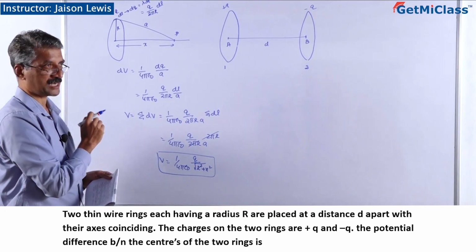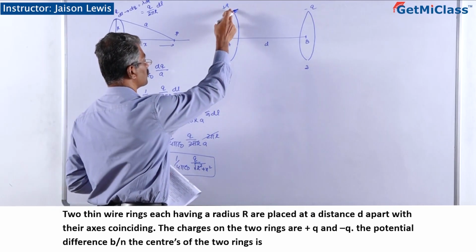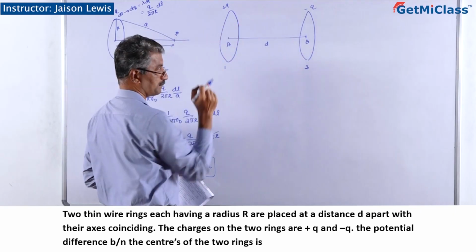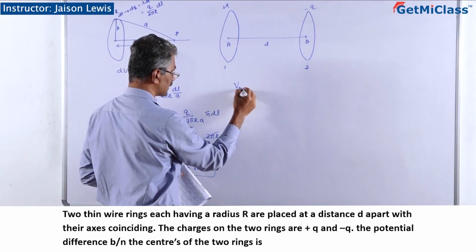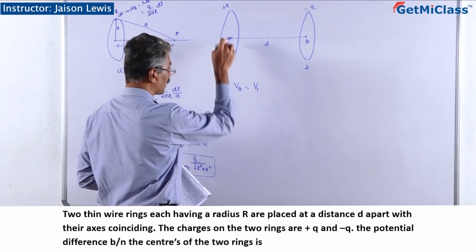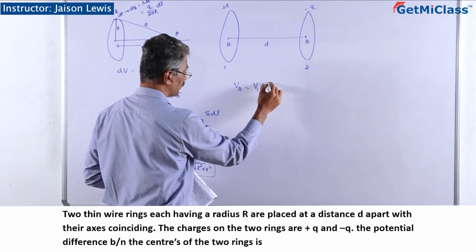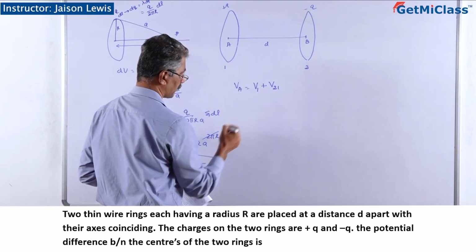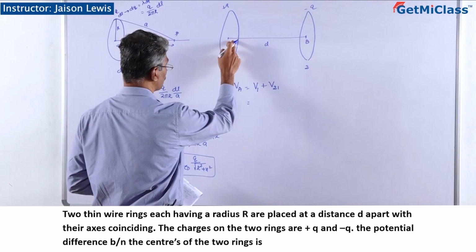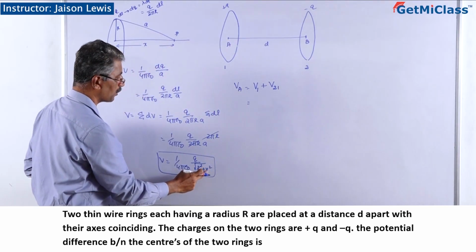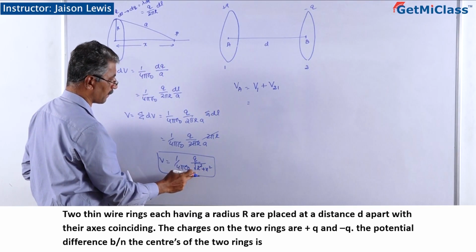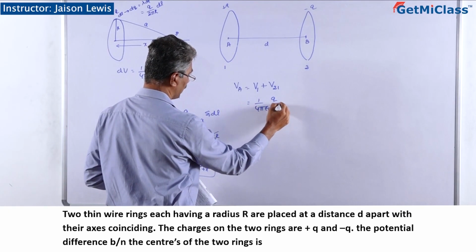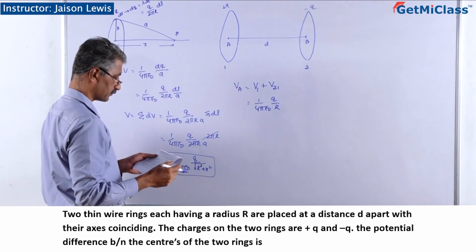How to find the potential at A and B? The potential at A is the potential because of ring 1 plus the potential due to the second ring. That means the potential at A is equal to the potential due to ring 1 at its center, plus the potential due to the second ring at the center of the first. The potential at the center of a ring is given by putting x equal to 0: 1 by 4 pi epsilon naught, q divided by r, where r is the radius.